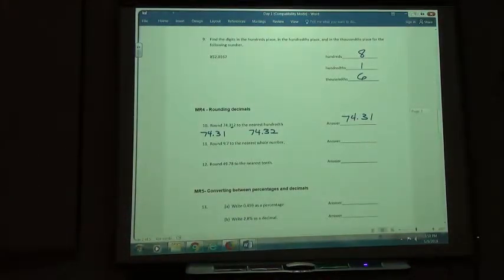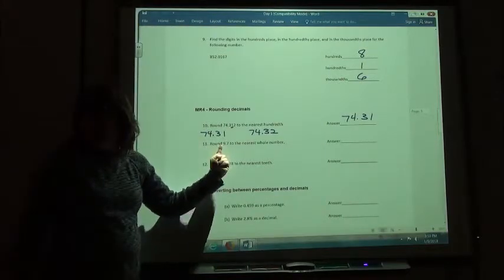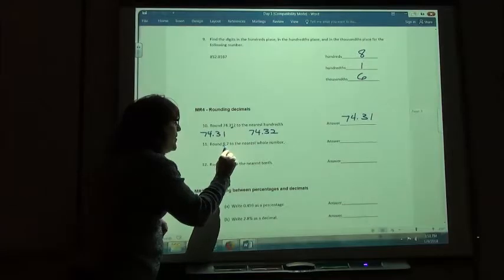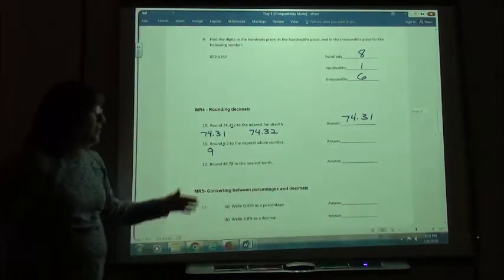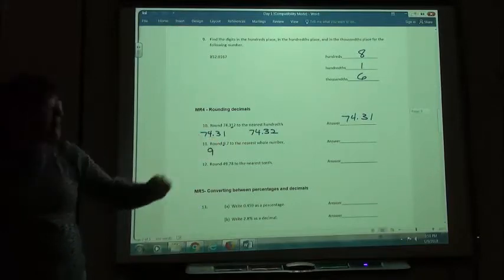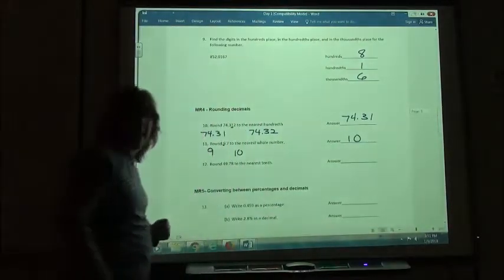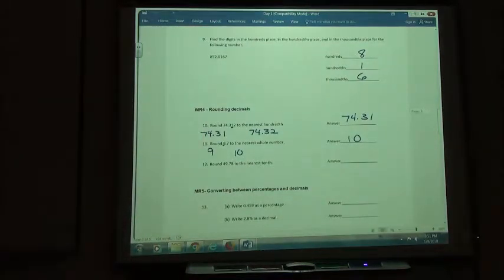If I'm rounding to the nearest whole number, that means I'm rounding to the ones spot. In this case, there's a 9 there. So again, I could leave it a 9, but since there's a 7 behind it, I actually am going to round it up by 1. So my answer is going to be 10. So really when you're rounding, there's really only 2 possible things you could have. Do I leave it the same or do I round it up by 1?